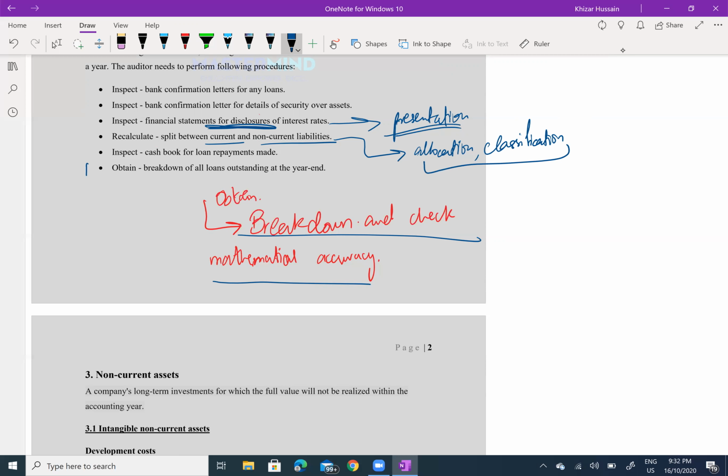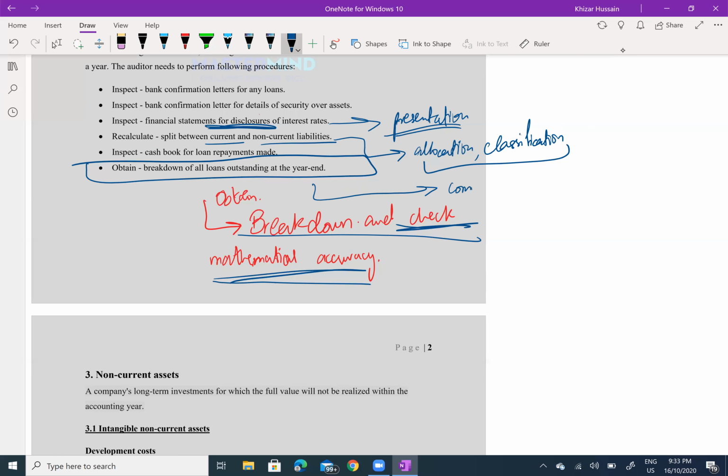Let's say the last one: obtain breakdown of all loans outstanding at year end. And obviously I've mentioned the next part of it as well, check mathematical accuracy. What would you obtain from this? Completeness.